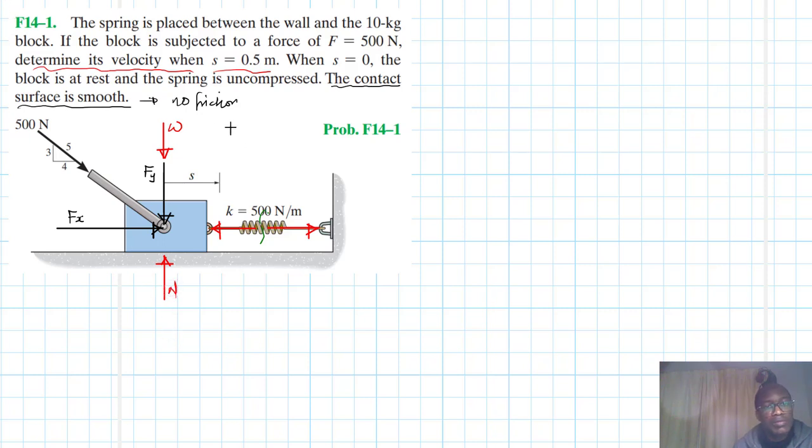Our Fx is just equal to 500 times 4 over 5, which is 400, and Fy is just equal to 500 times the rise, which is 3 divided by 5, and this is equal to 300.